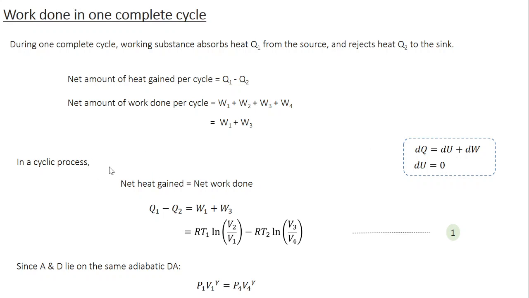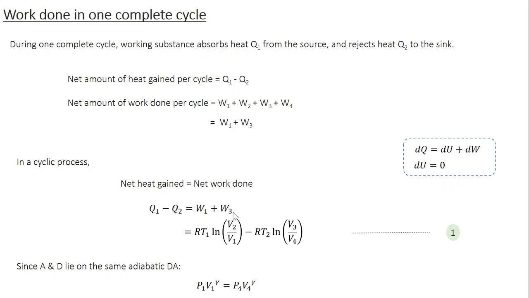So that's why in the case of the Carnot cycle, the net heat gained dQ equals the net work done dW, which means I can write Q1 minus Q2, the total heat gained, equal to total work done W1 plus W3, and substituting for W1 and W3, you get RT1 ln V2 divided by V1 minus RT2 ln V3 divided by V4.